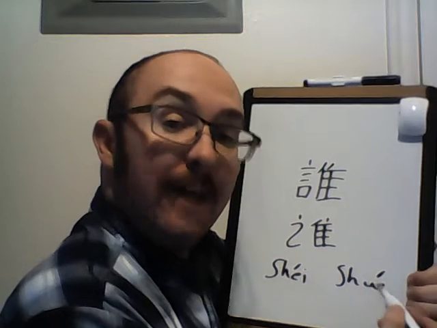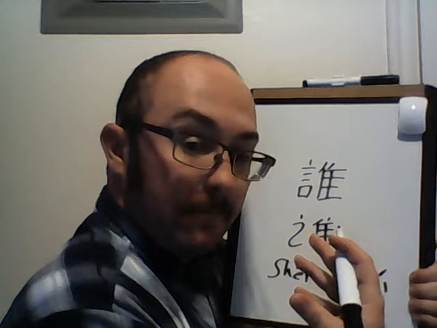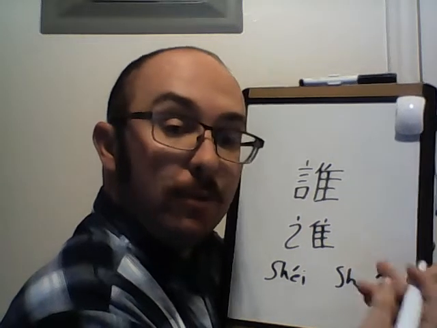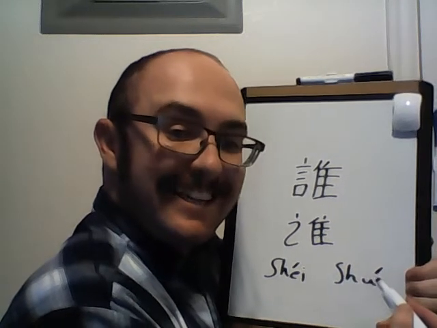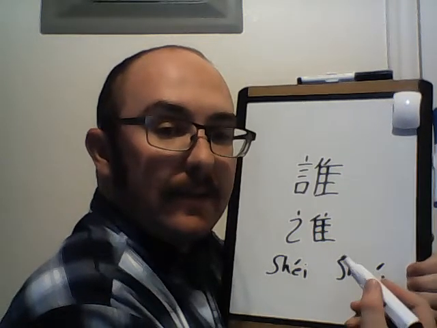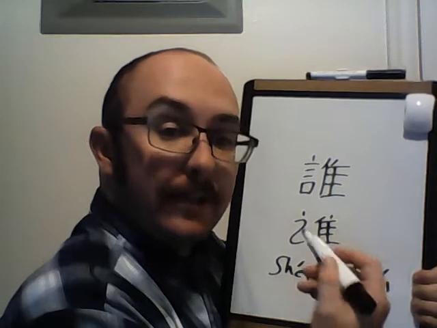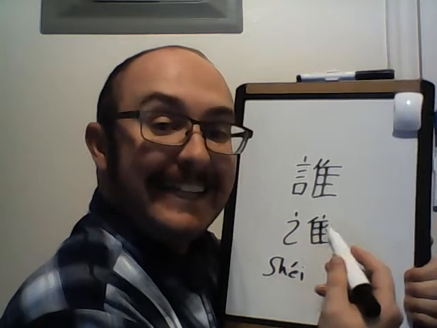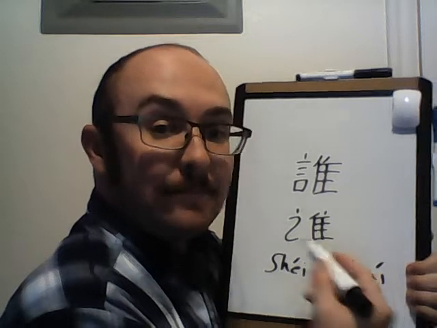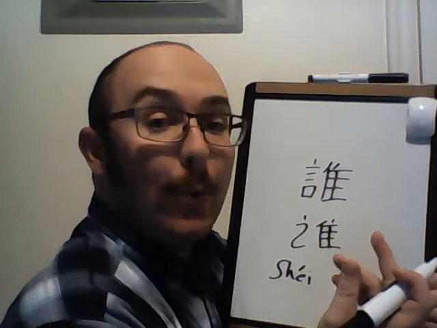Now this is common enough that a lot of dictionaries and translation tools will list this as the proper pronunciation, 水, even though technically the correct pronunciation for this character is 谁. And what this character means is who.